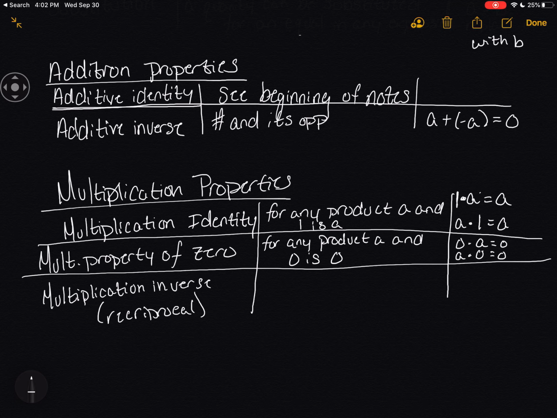So then finally, the multiplicative inverse is where A over B, and B does not equal 0. Remember, that does not equal 0. There is one number that would produce the product of 1.